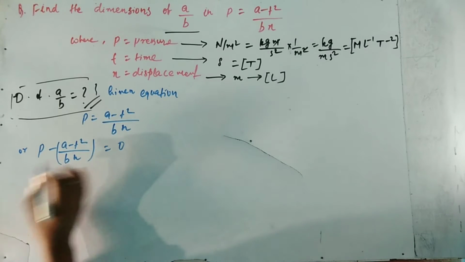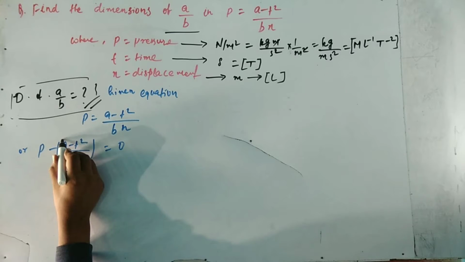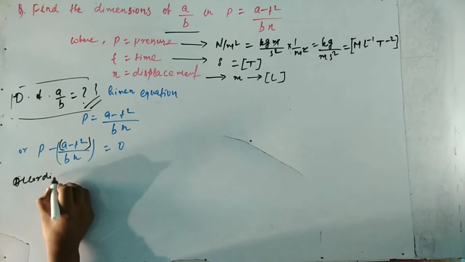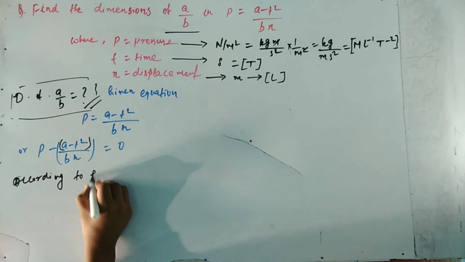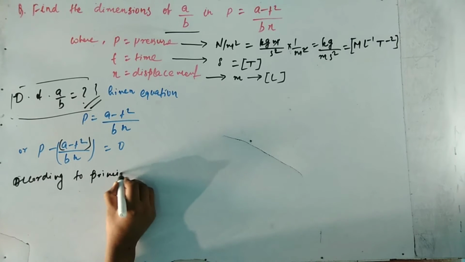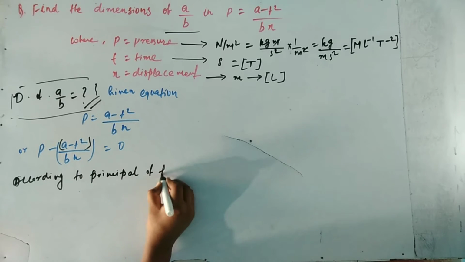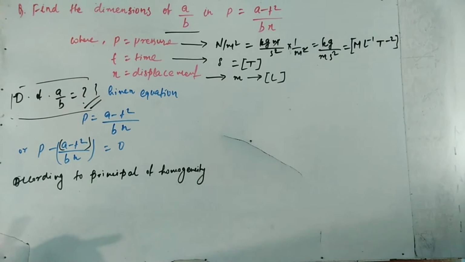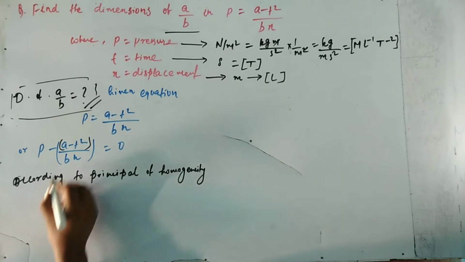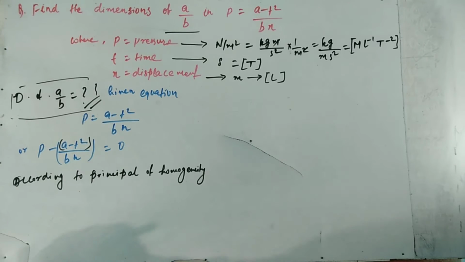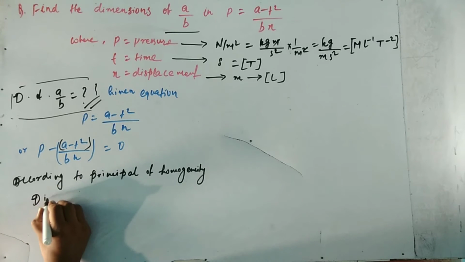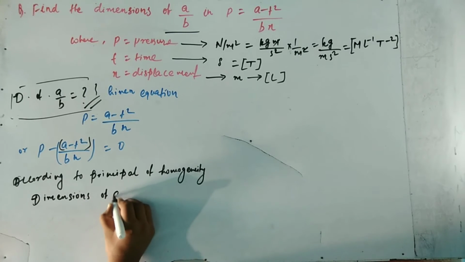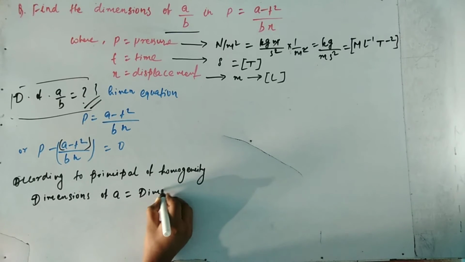Here, in the term A minus T square, there are two terms which are subtracted, so we apply the principle of homogeneity. According to the principle of homogeneity, the dimensions of A equal the dimensions of T square, because these are two terms. That is why A and T square are subtracted.